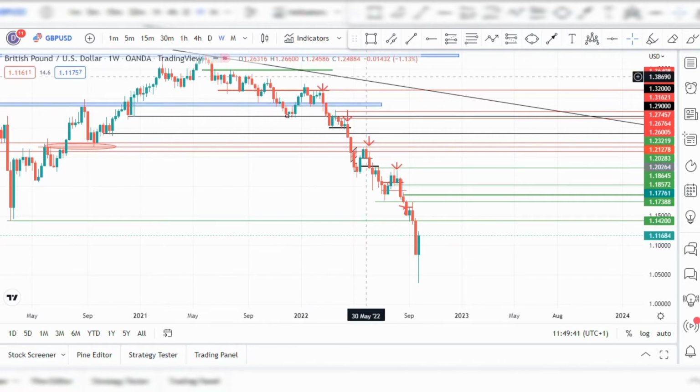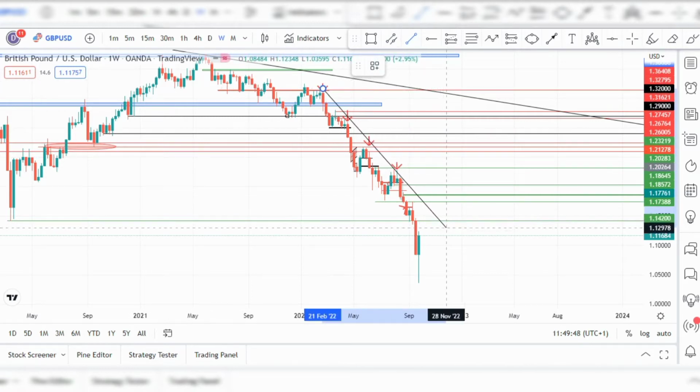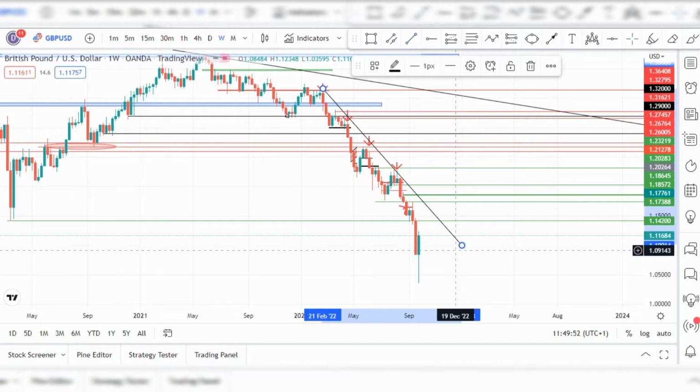So until proven otherwise, in the sense that the trend line that we can plot here across this area, if that trend line breaks to the upside, then we'll be looking at possibility of it being a reversal. Okay.